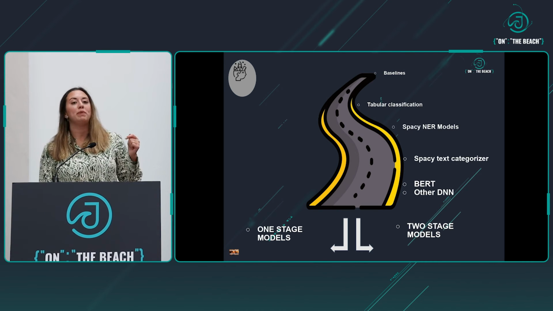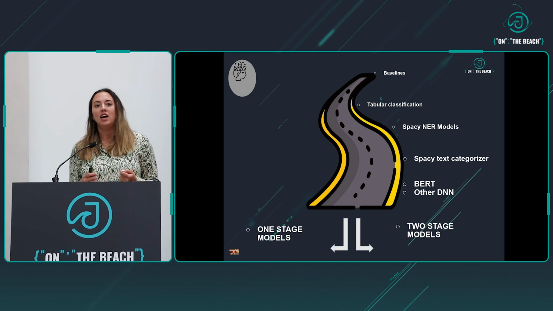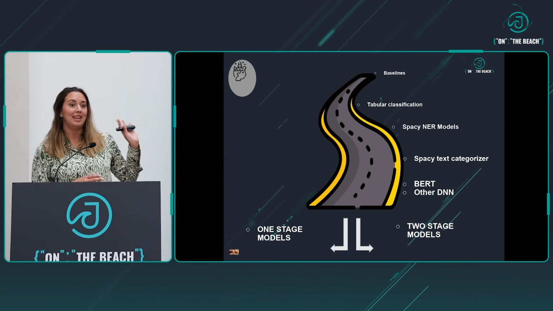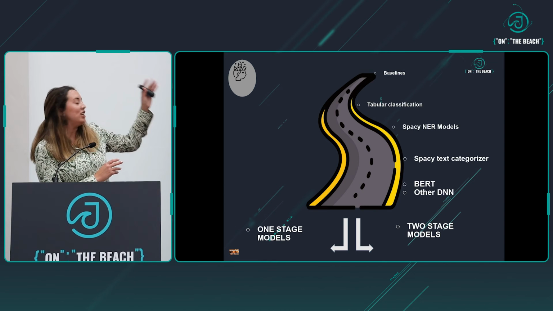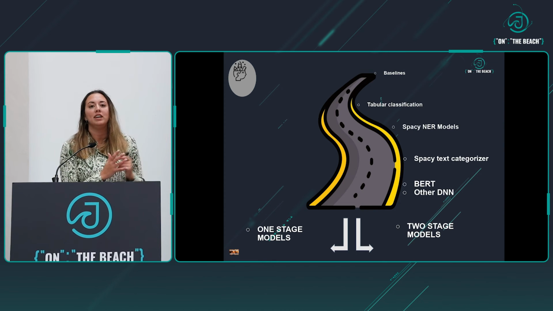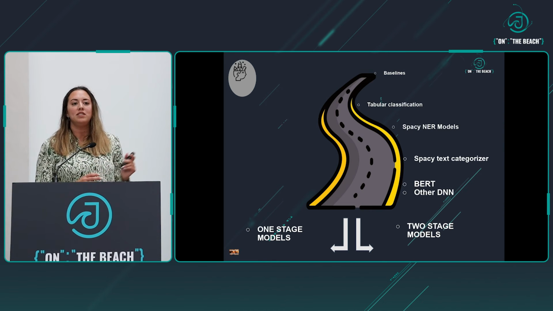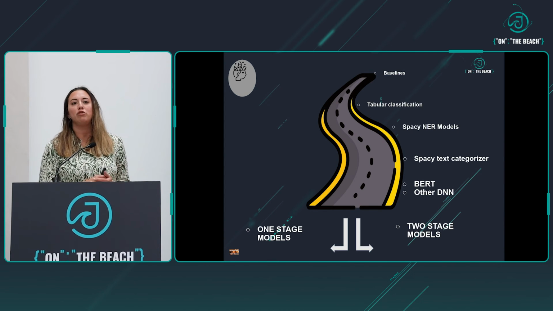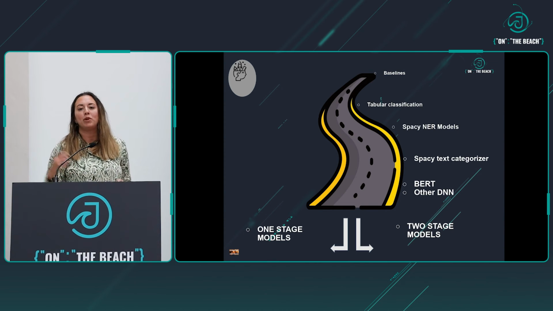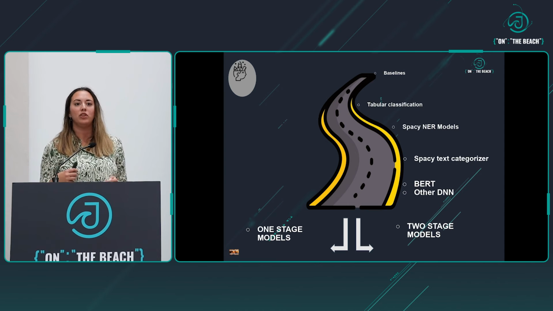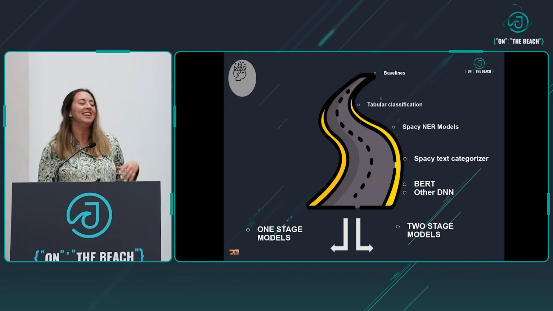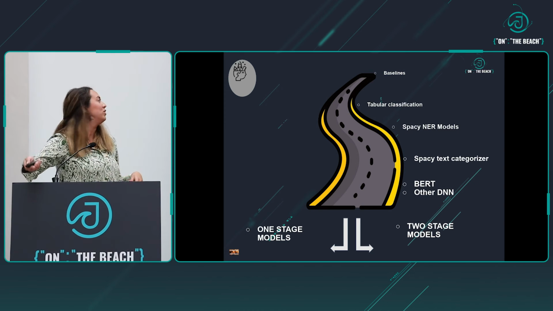We decided to experiment with all different architectures, and after all these combinations, we decided, okay, we are trying single models by themselves, but what if we combine them? What if we try to pre-process text with a named entity recognition model and then feed it to a second model? And that's why two-stage models appeared in our mind, and this is what I want to explain a bit.